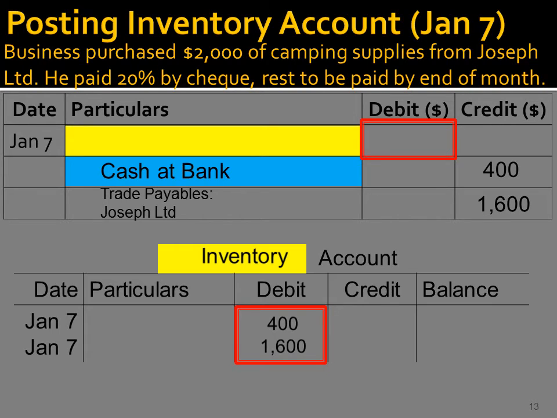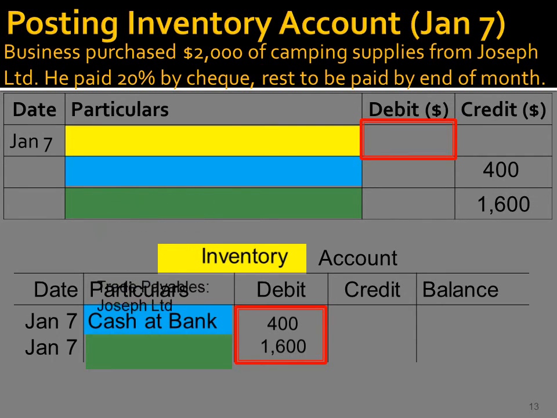That is the $400. The other reason as to why the inventory account has increased is due to 80% of it, which is bought on credit. So $1,600 is due to the owing to trade payables Joseph Limited account.